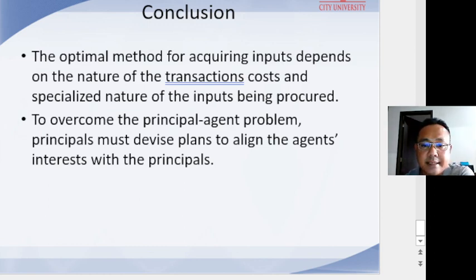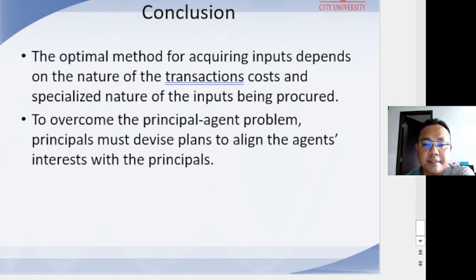So the manager must decide which inputs will be purchased from other firms and which inputs the firm will manufacture itself. Spot exchange generally is the most desirable alternative when there are many buyers and sellers and low transaction costs. It becomes less attractive when substantial specialized investment generates opportunism, resulting in transaction costs associated with using a market.